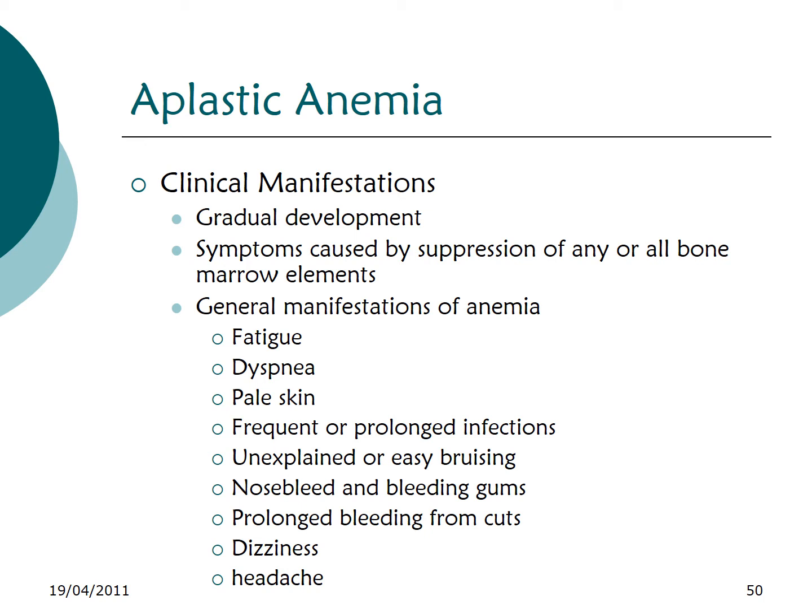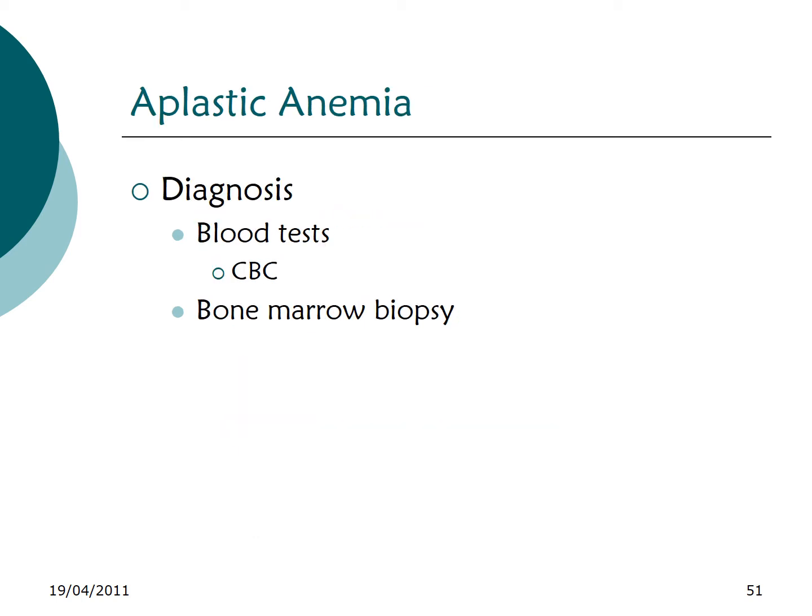So remember, in aplastic anemia, the bone marrow is affected, so all the different cells are affected. When you don't have enough red cells, you see certain signs and symptoms. When you don't have enough platelets, you see certain signs and symptoms. When you don't have enough white cells, you see certain signs and symptoms. Next slide. So diagnosis: blood test, CBC, and bone marrow biopsy is how you confirm it.